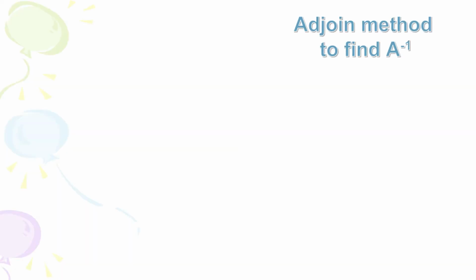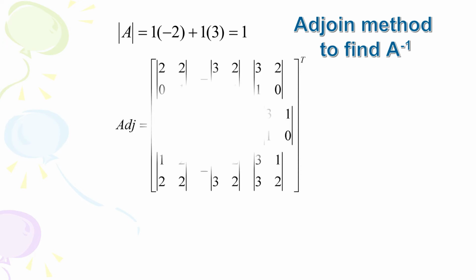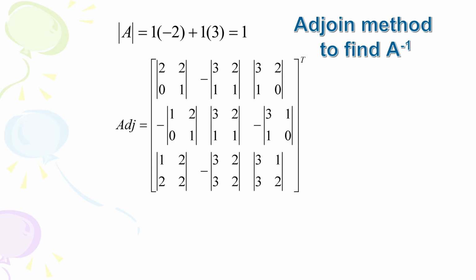In this section, we have to find the inverse matrix of A by using the adjoint method. First, find the determinant which we want to use in finding the inverse matrix of A. Then you will get 1 as the determinant. After that, find the adjoint matrix to use after this.